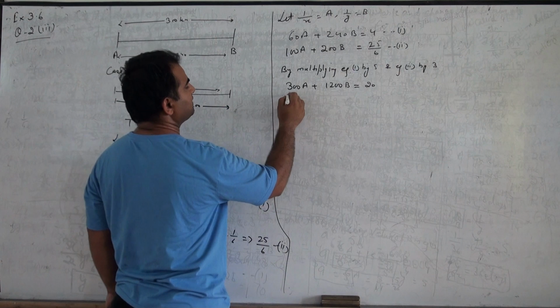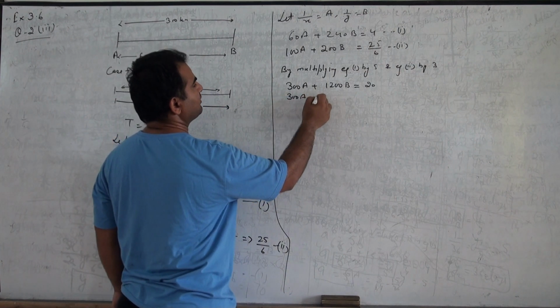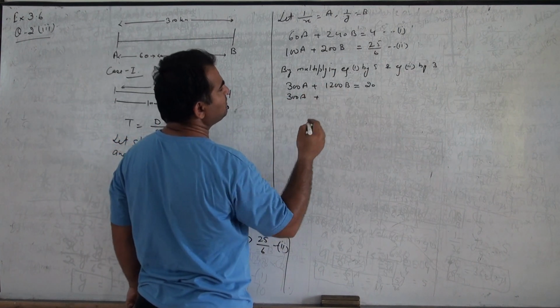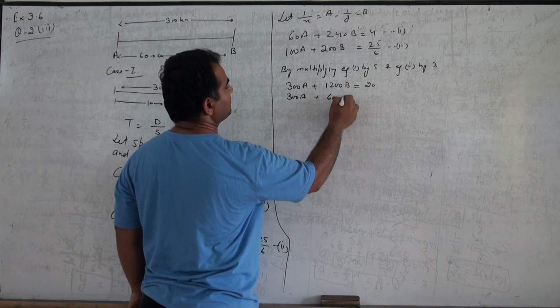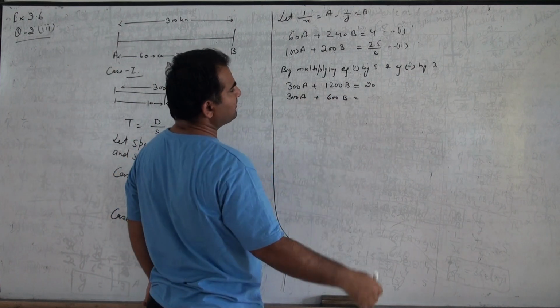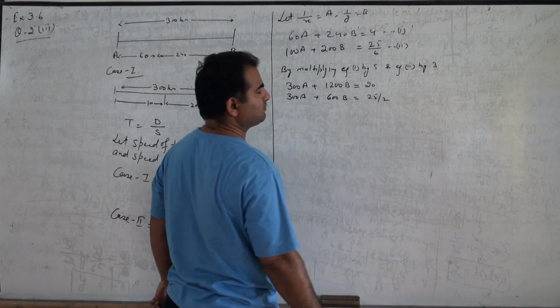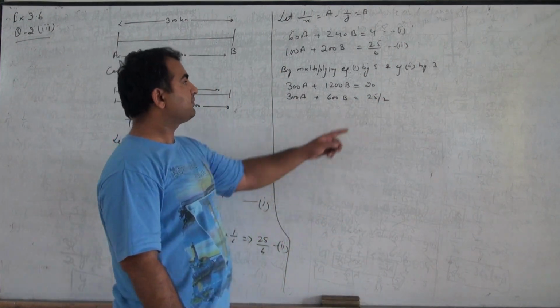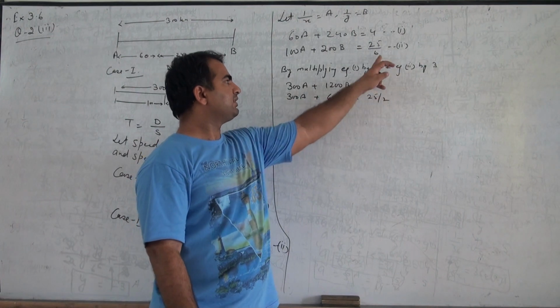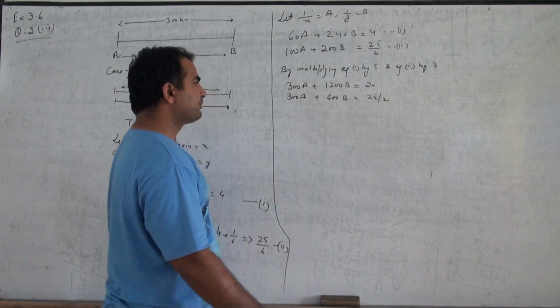And next is 300a plus 200 into 3, 600b equals 25 by 6 into 3, which will be 25 by 2. Done?